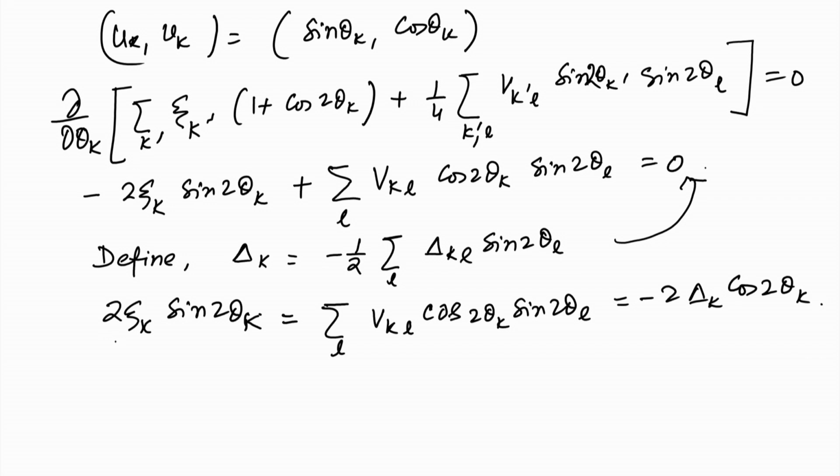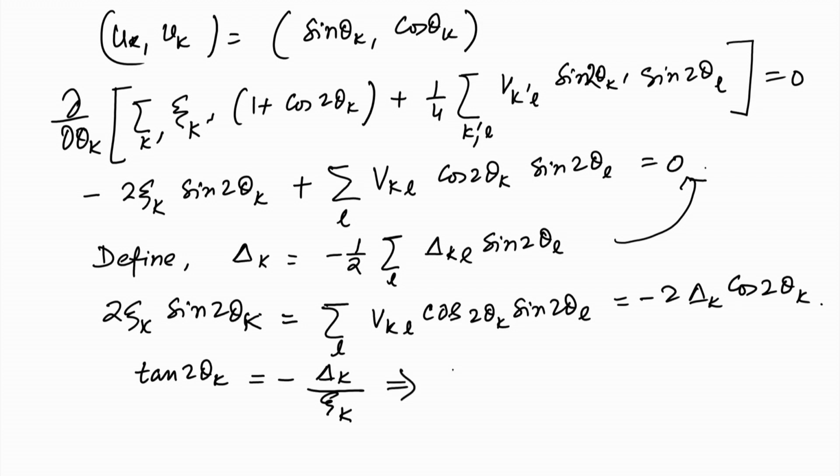Thus, 2 xi_k sin 2 theta_k is equal to minus 2 delta_k cos 2 theta_k. Now, this equation gives us tan 2 theta_k. If I bring this below, it is equal to minus delta_k by xi_k.